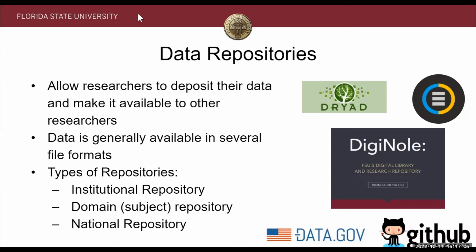The final repository type that I want to briefly mention is something called a national repository. These are designed to preserve and promote a country's national resources data, natural resources data.